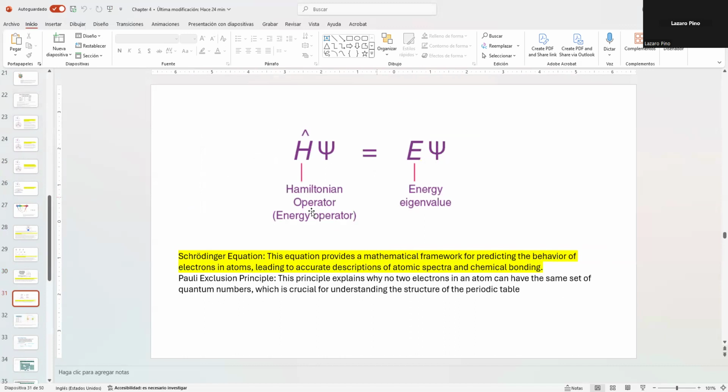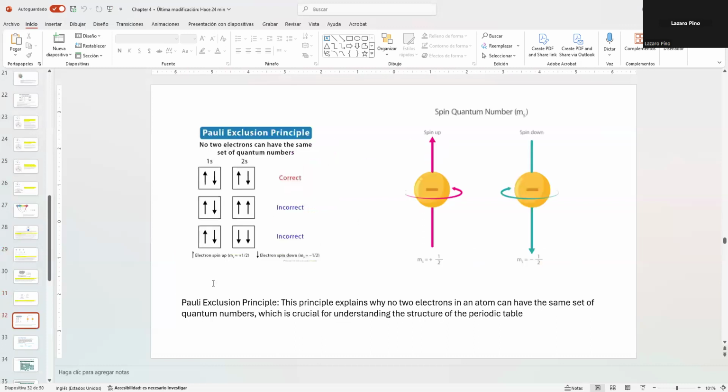The Schrödinger equation is a mathematical framework predicting the behavior of the electrons in atoms. And the Pauli exclusion principle states that two electrons cannot have the same set of quantum numbers. They differ at least in the spin quantum number.